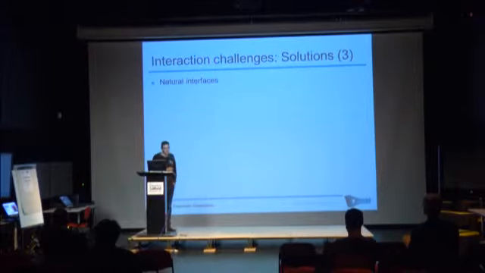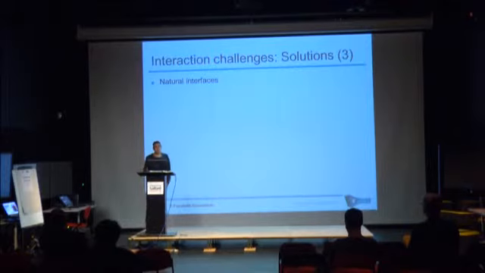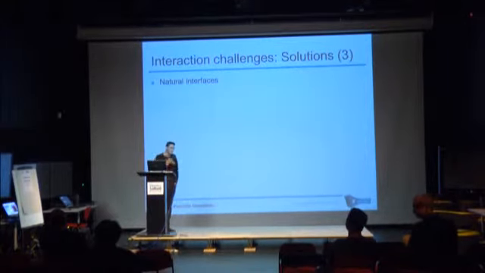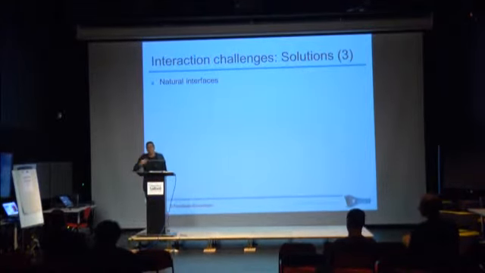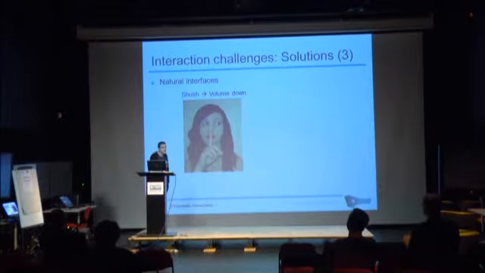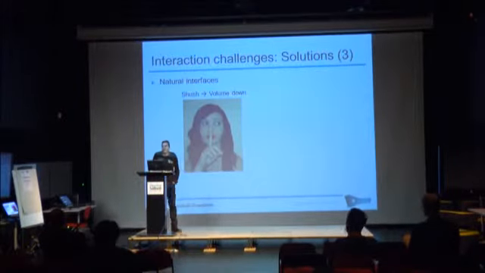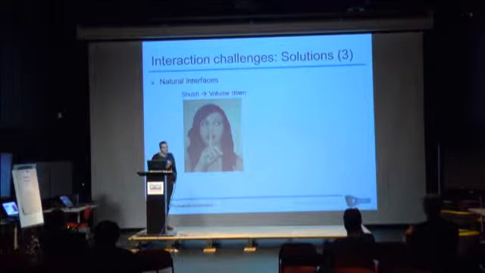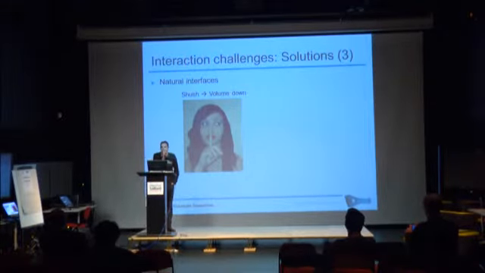So the solution that we propose is using what is called natural interfaces. So think about gestures that most of us do to symbolize or to mean some things that the TV might understand. So we've got an example here, which is the symbol that some of us do when we want our babies to get quiet. You know, we do like this.